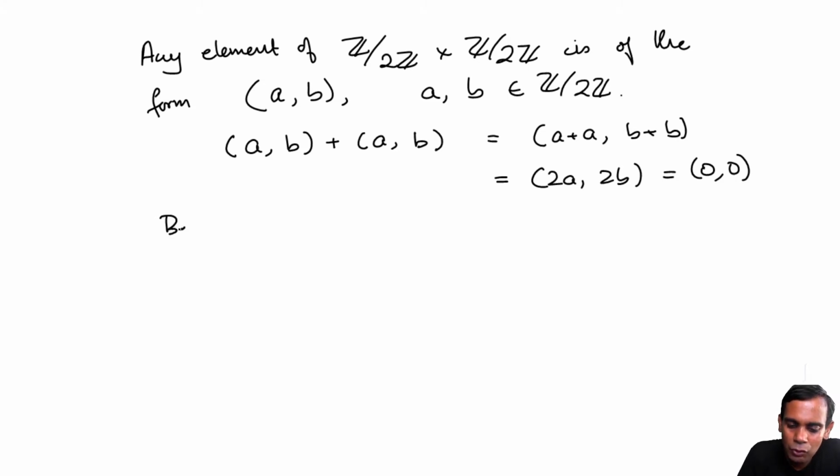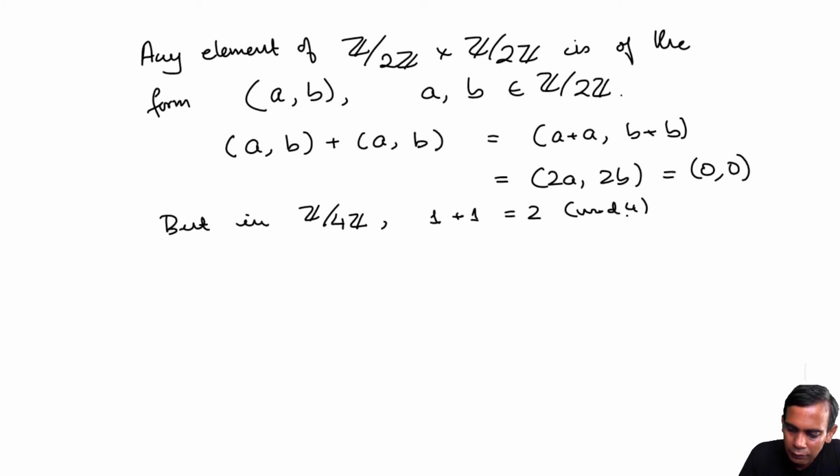But in Z mod 4, there are these elements 1 and 3. That is, the residue classes 1 mod 4 and 3 mod 4. So 1 plus 1 is 2 mod 4, which is not the same as 0 mod 4.